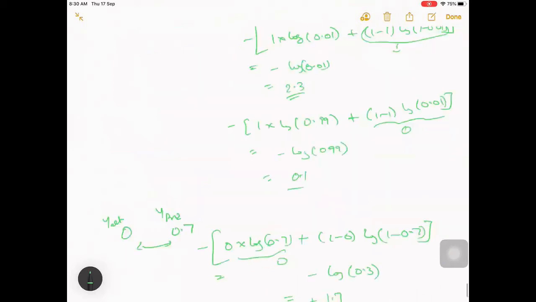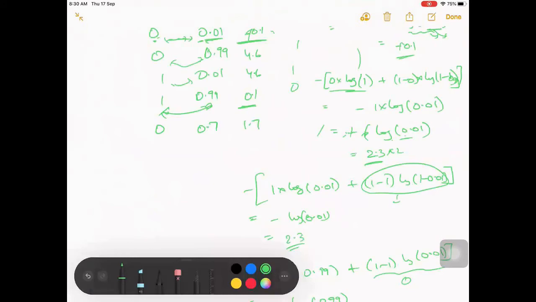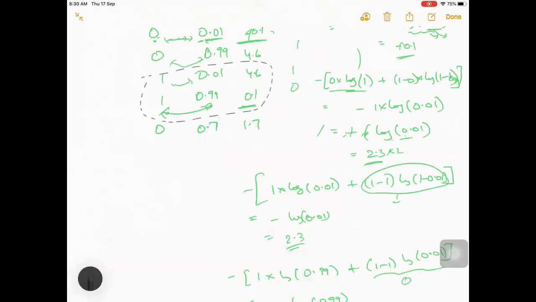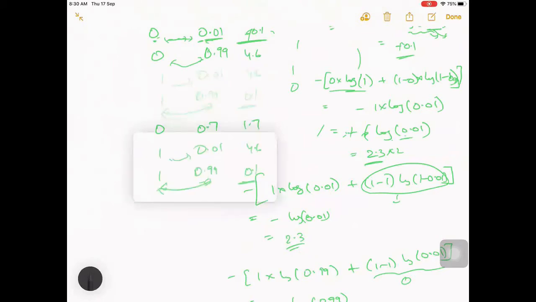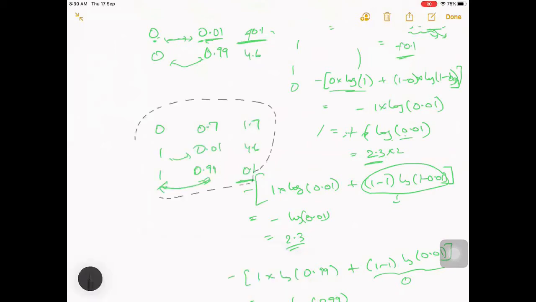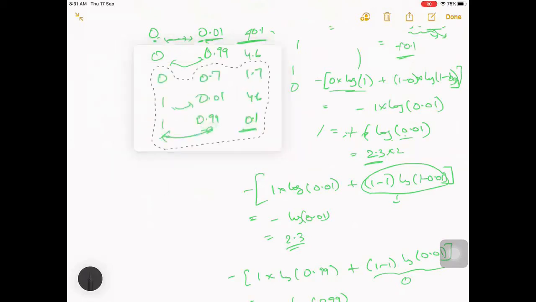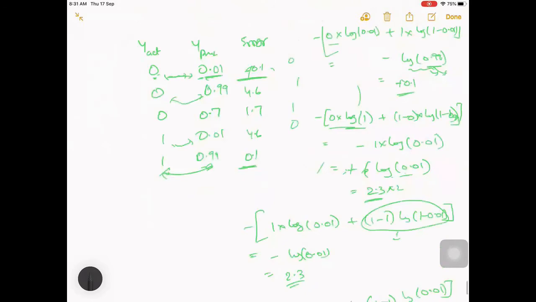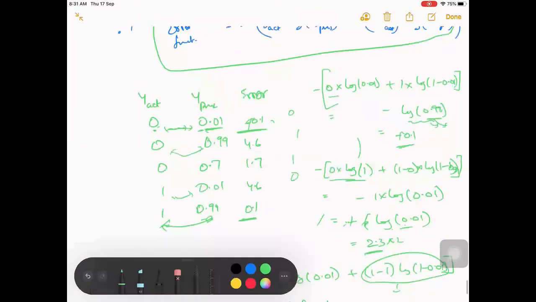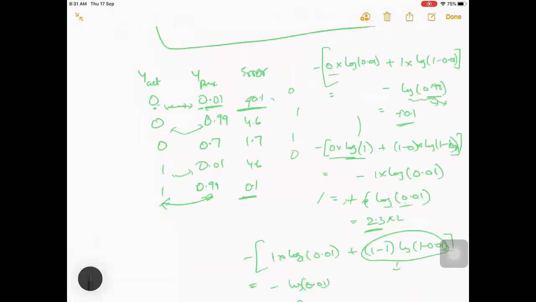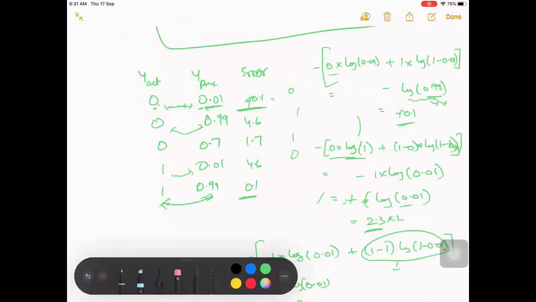Let me move this little down. So if you see, if your difference is slowly increasing here, let me write 0.7 above and that below.